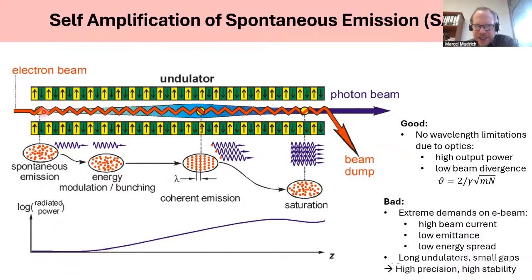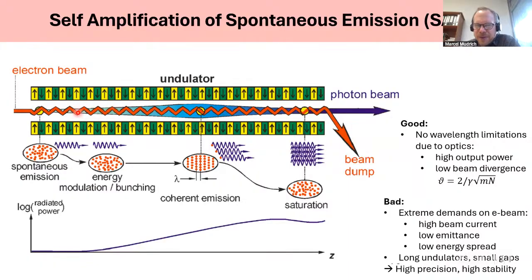Because imagine that this undulator radiation has to be strong enough to back couple to the electron bunch and actually influence the motion of the electrons, which means that the magnetic field of the undulator radiation emitted by the electrons has to be on the order of magnitude of the external magnetic field from the undulator itself, which is on the order of a Tesla or so.